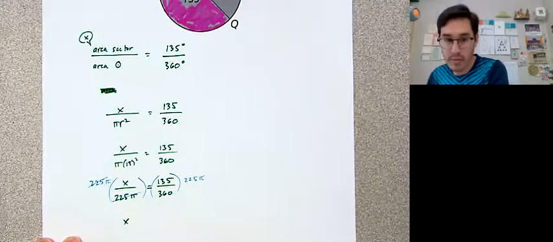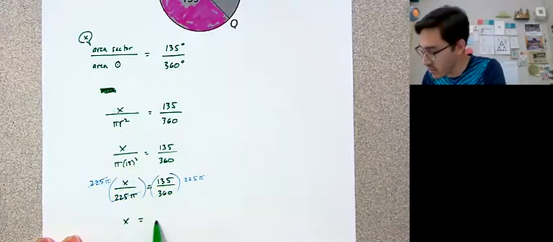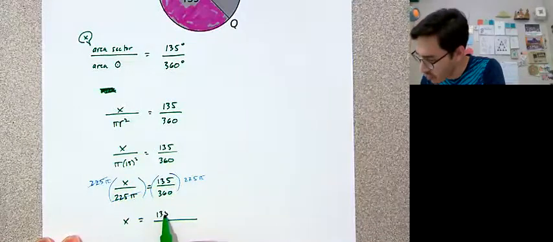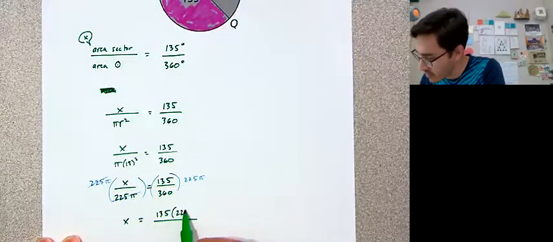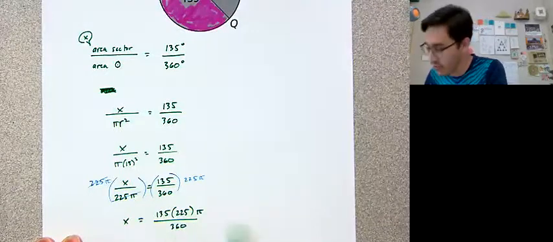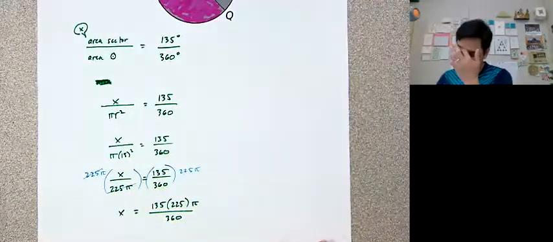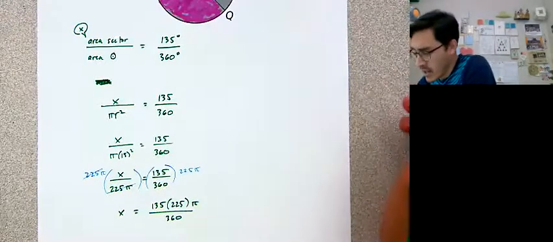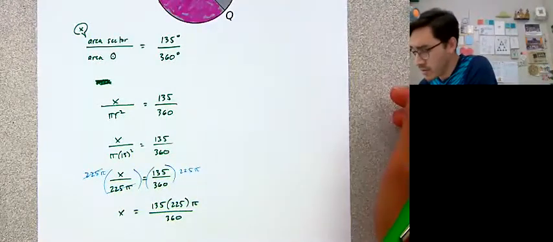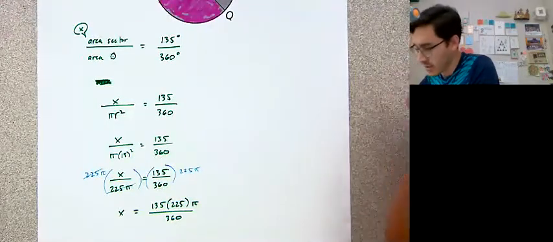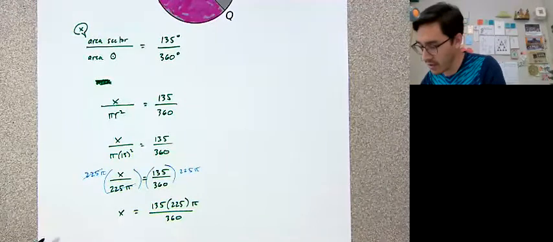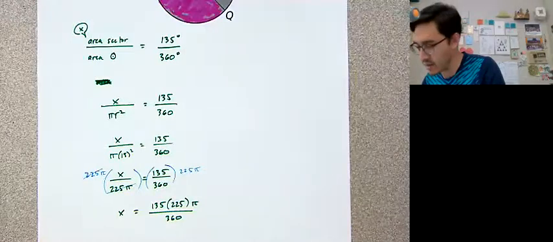And so we get x, which is the area of our sector, is equal to 135 times 225 pi over 360. Okay, let's try to start simplifying that. No, let's just use a calculator. So 135 times 225 divided by 360. Oh, that doesn't come out to a nice looking number.